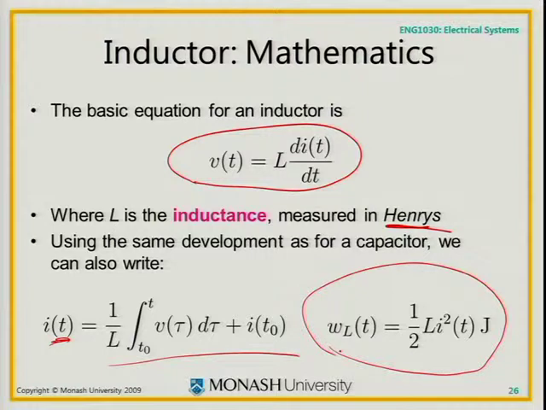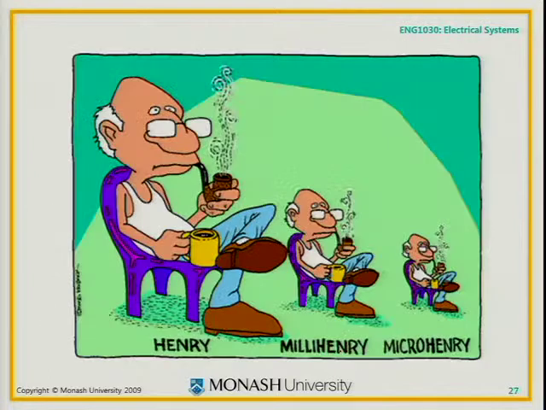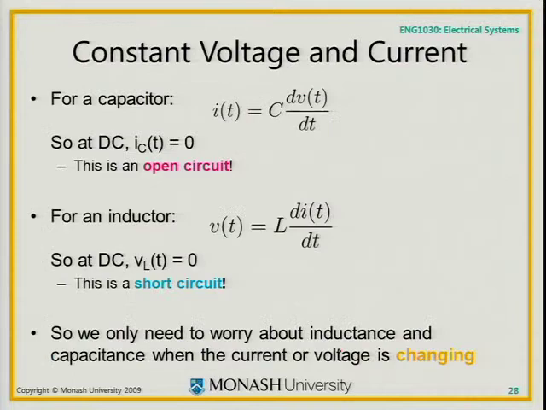So the roles of I and V, voltage and current, switch around compared to the capacitor. One stores energy in an electric field, the capacitor. An inductor stores energy in the magnetic field. And there are the units, the Henry, the millihenry, and the microhenry. As I said, got to be one of the best units you've ever heard of.